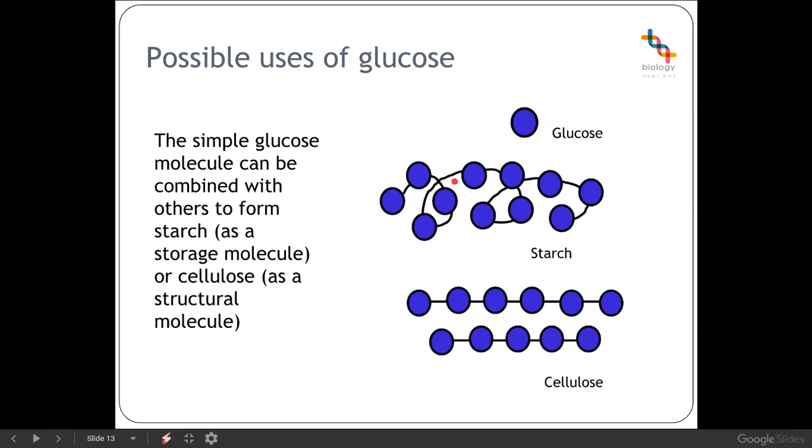So potatoes, for example, the tubers are just made of starch, so they are just really starchy molecules fully made of glucose all stuck together. However, the glucose can also be stuck together to form a more structural molecule known as cellulose, and that's going to form things like the roots and the shoots of the plant.